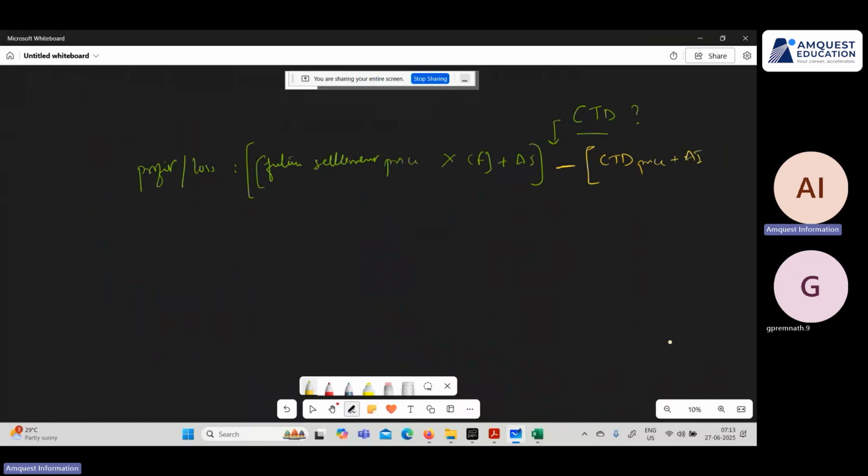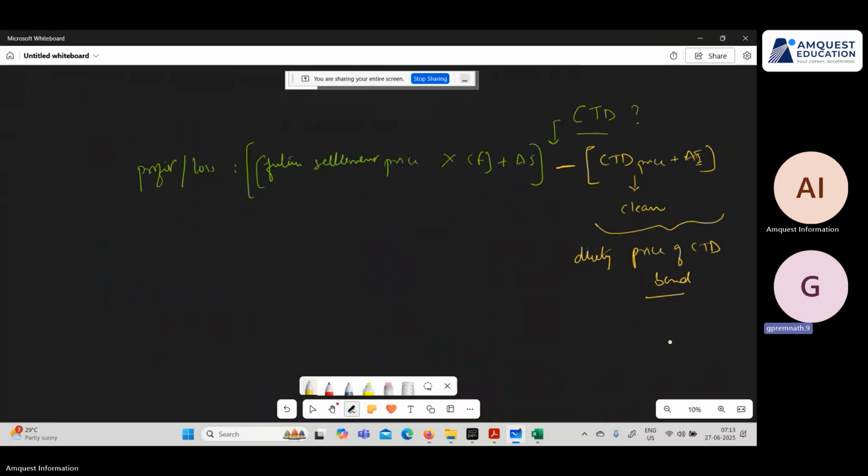plus accrued interest. When I'm using the word accrued interest here, I'm assuming this would be a clean price, right? Yes. So the idea is that I'm using the price of the CTD bond, which is effectively the dirty price.